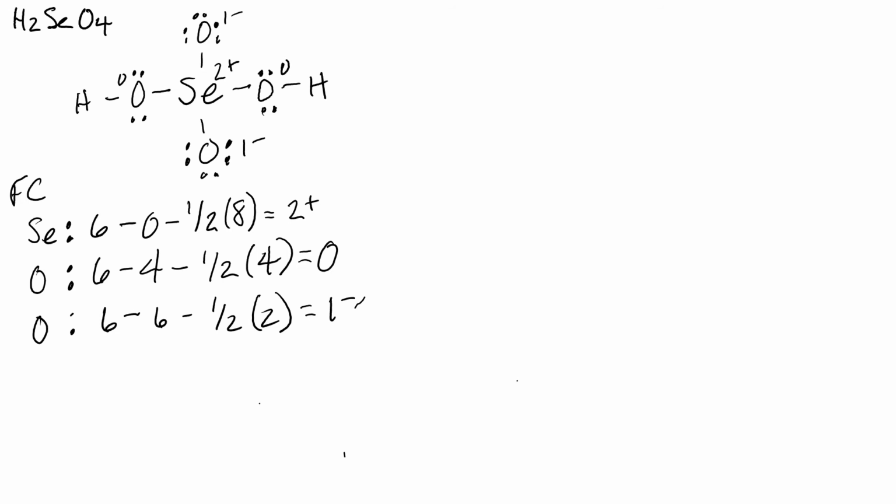So that's good. And the negative charges are on the more electronegative oxygen atoms. But here's another structure for that molecule that does not obey the octet rule. And in fact, it has an expanded octet.